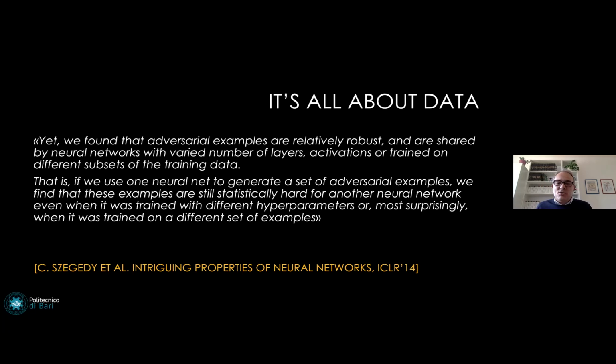So once you generate an adversarial example, the same example can be used to fool other machine learning systems trained with different hyperparameters and even on a different set of examples. So it seems that the point is within the data. The focus is on the data.